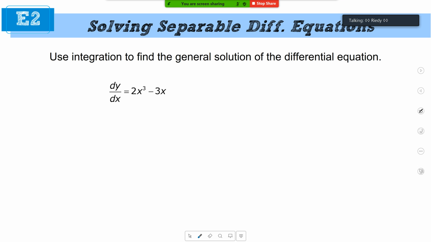Okay. All right, so this would seem like it's something we've done quite a bit. There is some function that when we take the derivative of it, we get 2x cubed minus 3x. That's not a difficult problem. But because we're going to make this a true differential equation, things have to change. We've used this dy dx quite a bit.